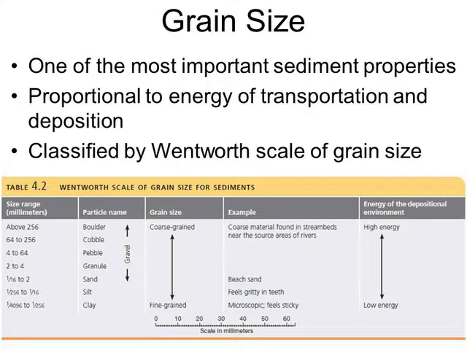All right, so I was talking about grain size on that last slide, but this is really important because it'll tell you how much energy is going into transporting that sediment from either the mountains down to the beach or from the beach into the deep ocean.